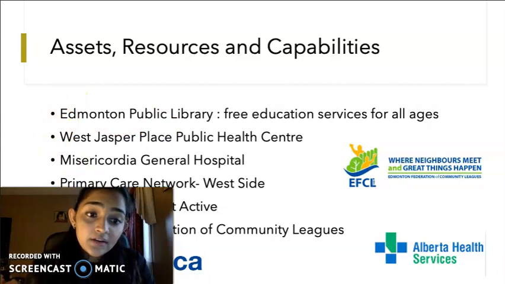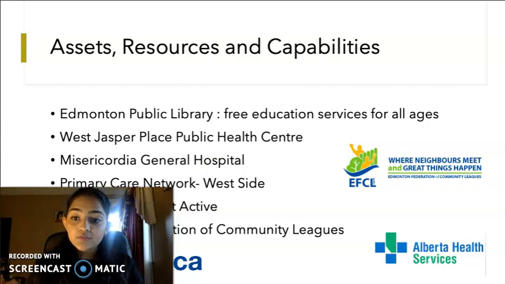And the primary care network also offers programs for physical activity, mental health, education about positive behaviors, health issues, nutrition, fitness, and weight loss. All the services offered by the network are covered under Alberta Healthcare services and are free. The physicians refer the patients of low socioeconomic status to this network.